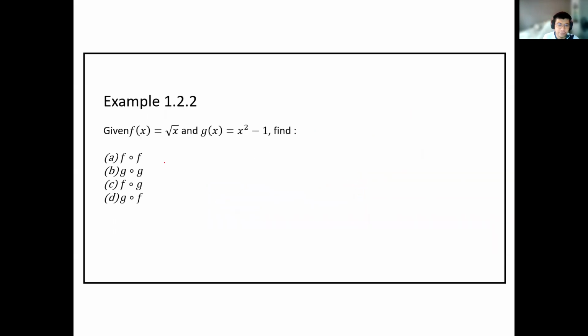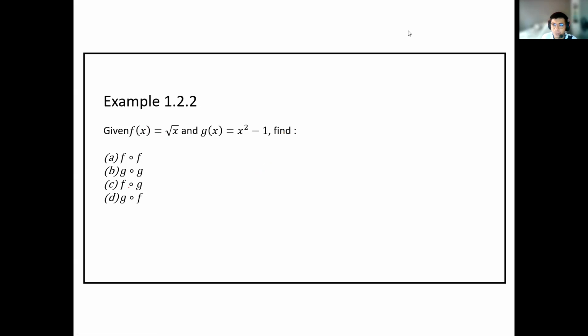Okay, so you're going to have f of f, g of g, f of g, and g of f. The f of x function is equal to the square root of x. The g of x function will be equal to x squared minus 1.